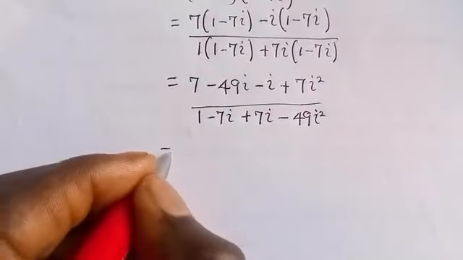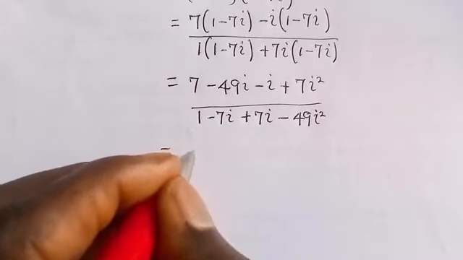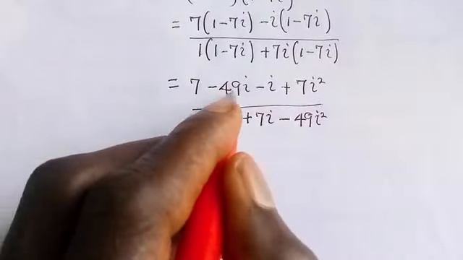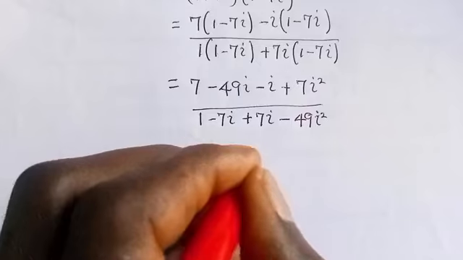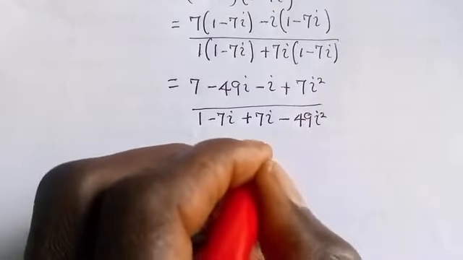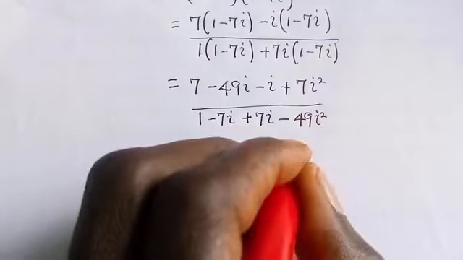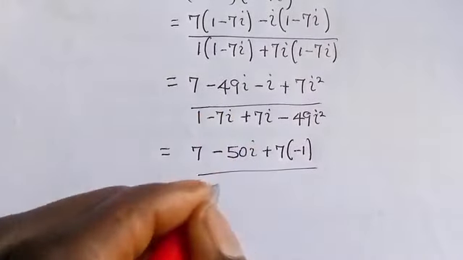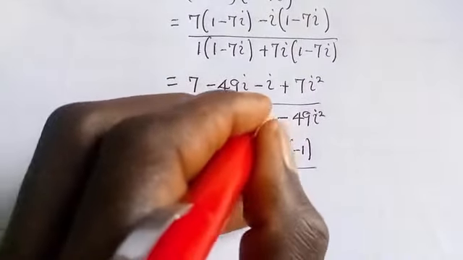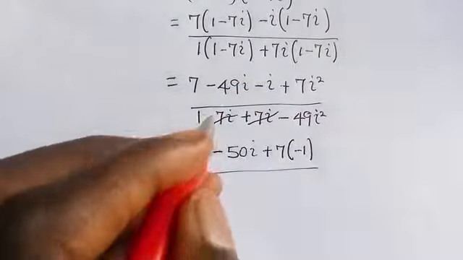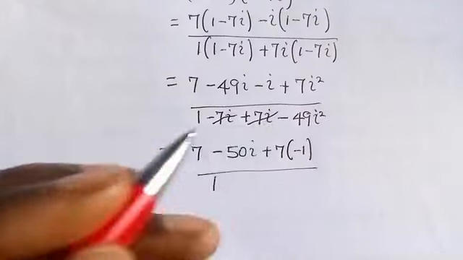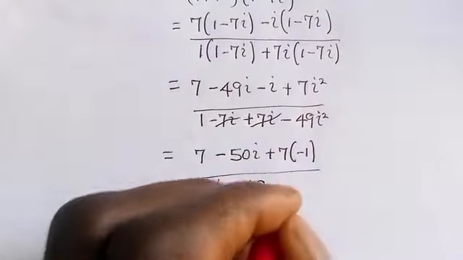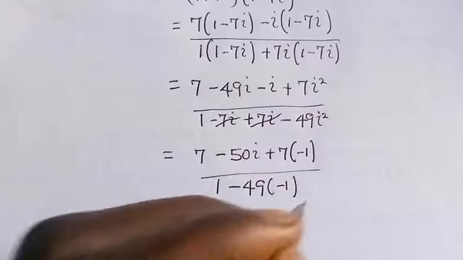This is equal to 7 minus 49i minus i is minus 50i. Plus 7 into i squared is minus 1. All divide by 1, minus 7i will cancel out plus 7i. And in the denominator, we are left with minus 49 i squared. i squared is minus 1.